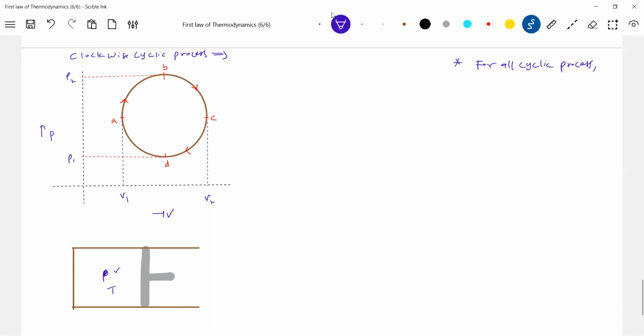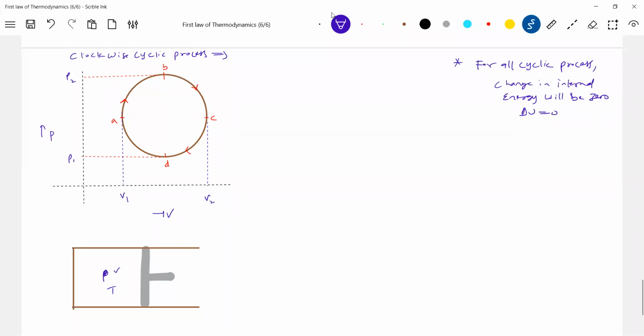For all cyclic processes, delta U will be zero. Change in energy will be zero. It's a very important thing.